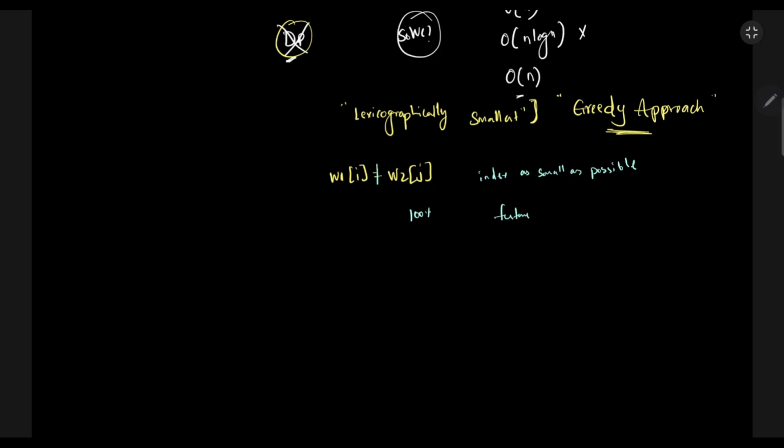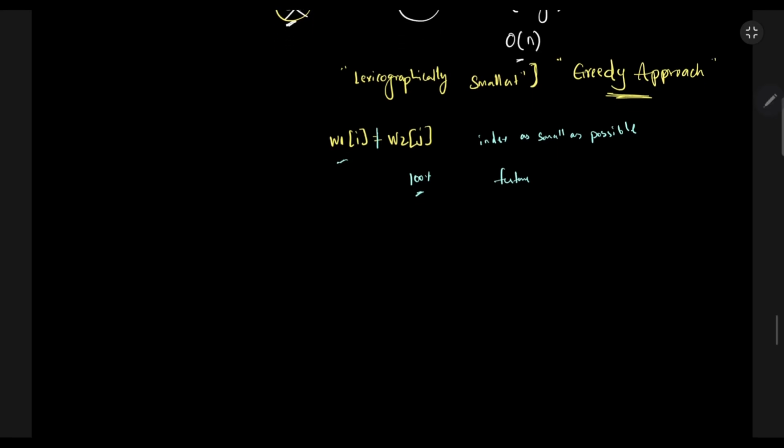But we can only do that if we are 100% sure that the rest of word2 can be perfectly found in the rest of word1, right? So somehow we need to look into the future, that is, the rest of word2 should be present in the rest of word1, right?